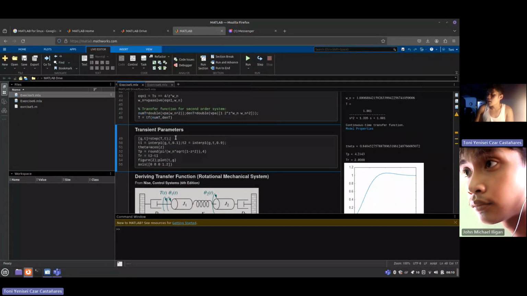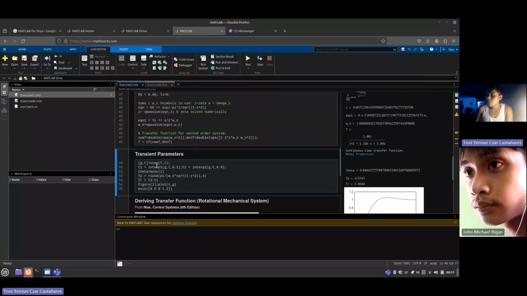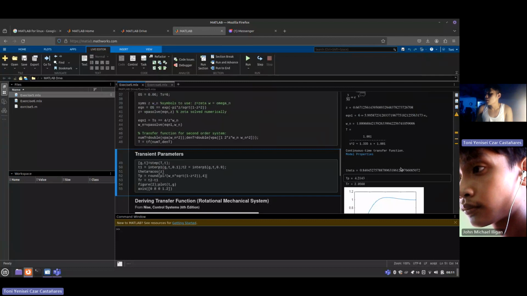And then here we also have our transient parameters. Our transient parameters include the peak time, the rise time, in addition to both the percent overshoot and the settling time. And so they also have their own respective formulas.